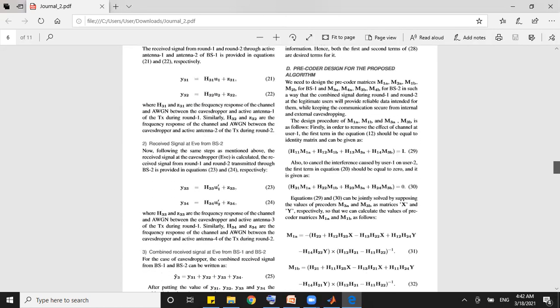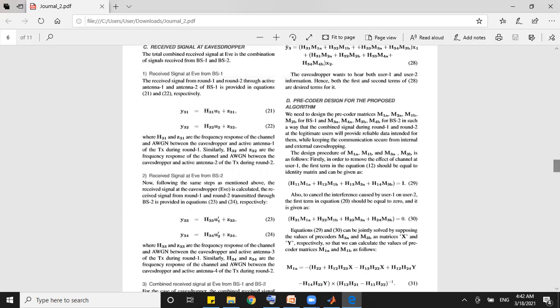For the design of precoder matrices, we follow the same steps as we followed for the single user system.